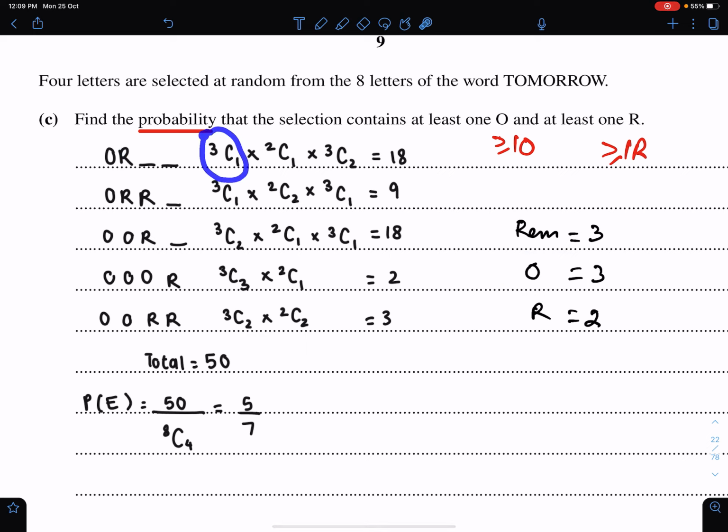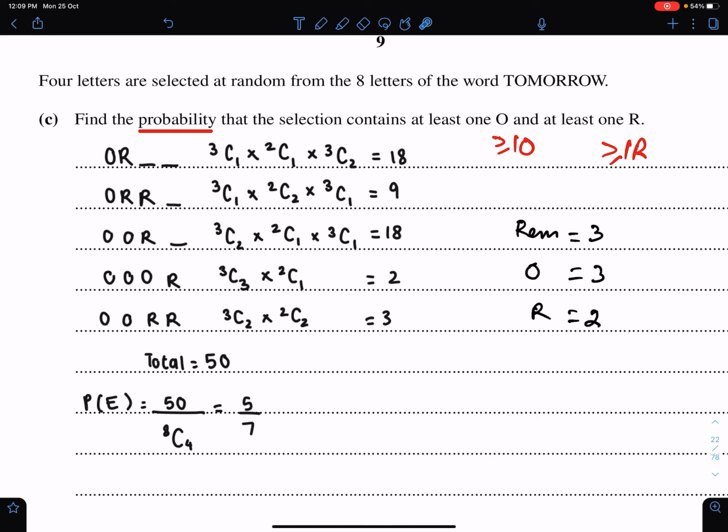You have to use combination here, because all 3 O's, each O has equal chance of occurring from these 3. And for 1 R from 2 R's, write 2C1. And this is simple. We need 2 letters from 3 letters, so 3C2.